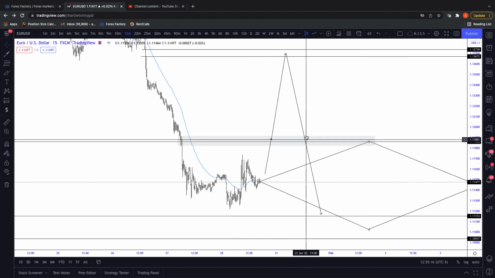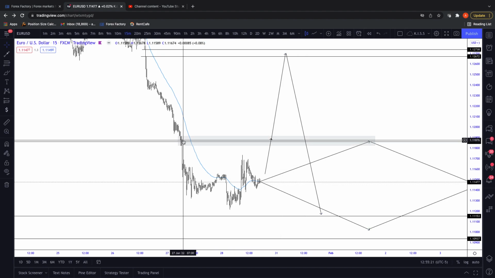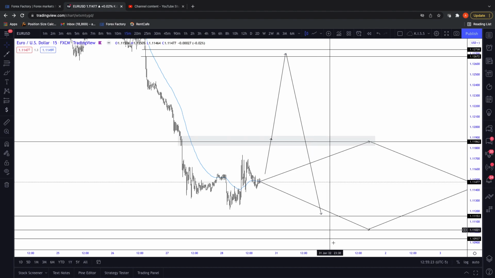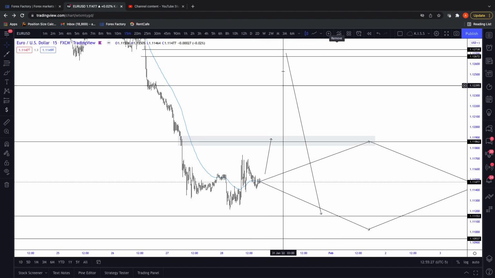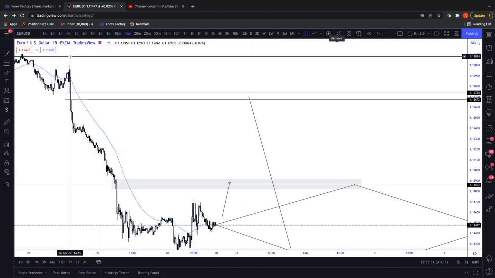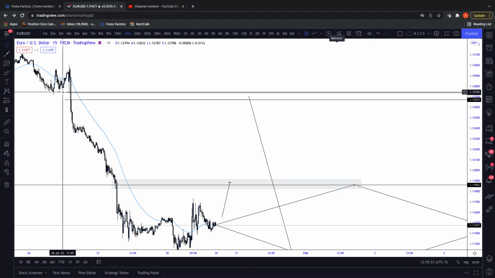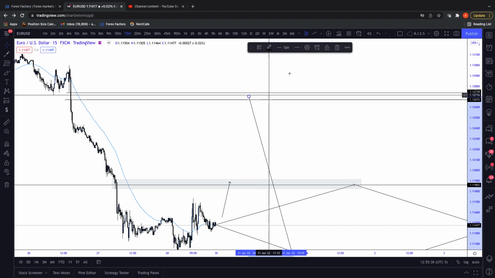I would simply prefer the run on Friday's high into this old low to the left, and then a run on the previous week's low. But if we do break, here's that level I would be looking at. You can see the manipulation and the inefficient move, leaving this imbalance here, right around 1.1270.